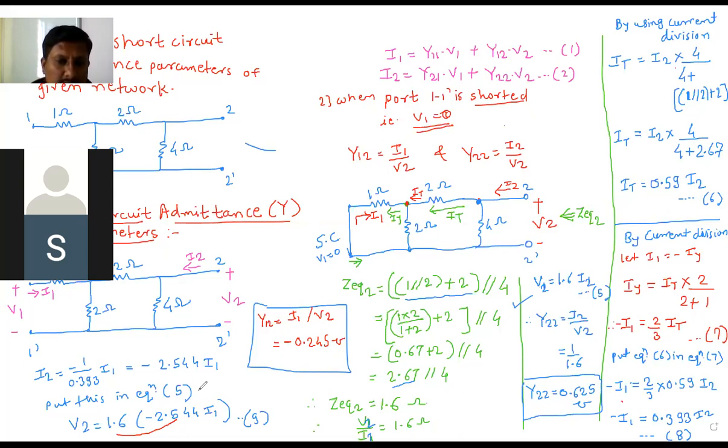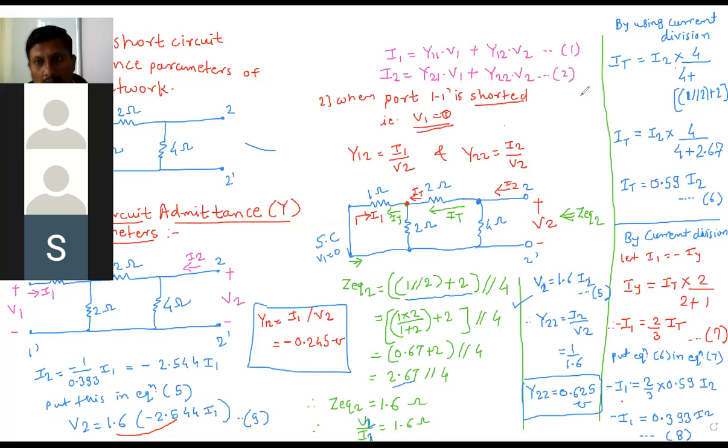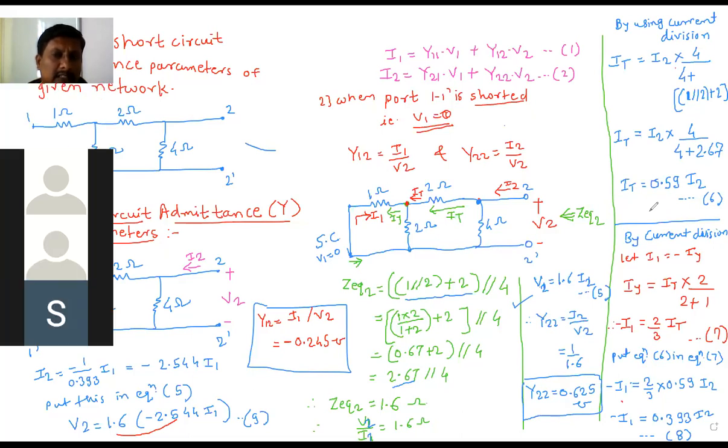Everyone understood this? येस सर. Okay, so thoda what we can say, analytical part is more here, calculation part is more. Concept is very simple, that is we have to use the equivalent impedance, current division and Ohm's law. These 3 things we require. Impedance, how to find out equivalent impedance.